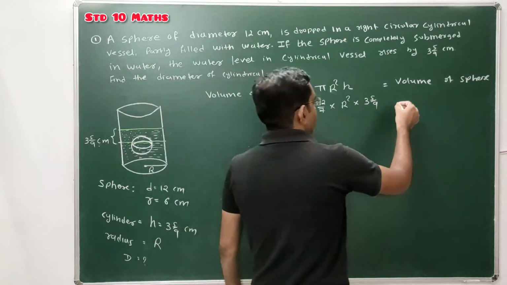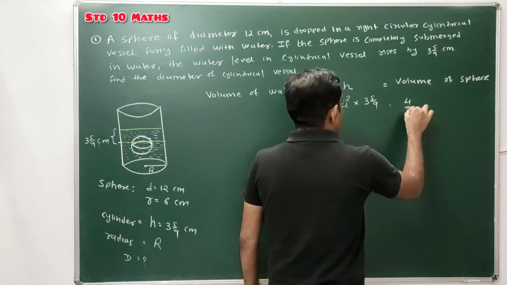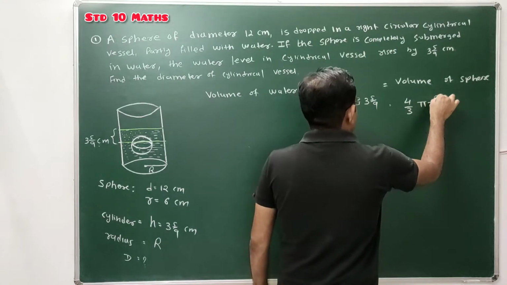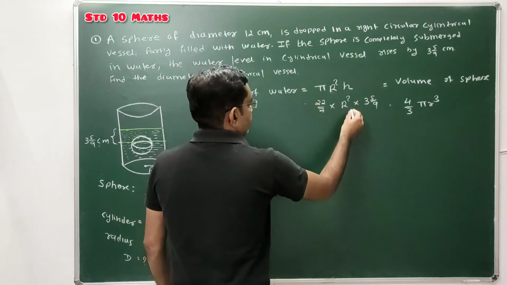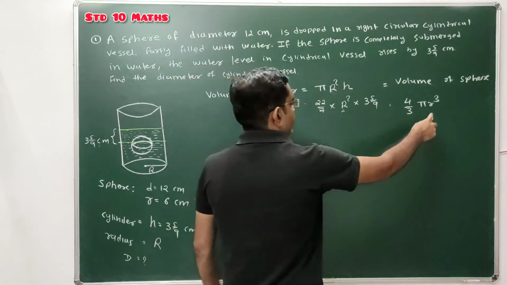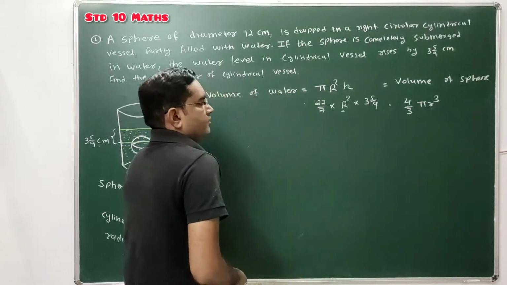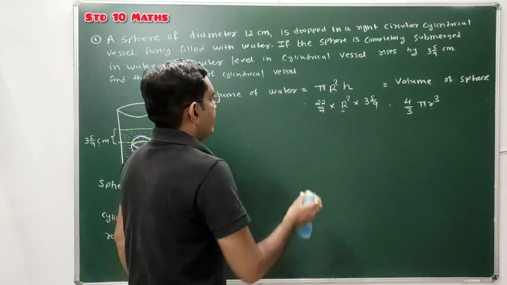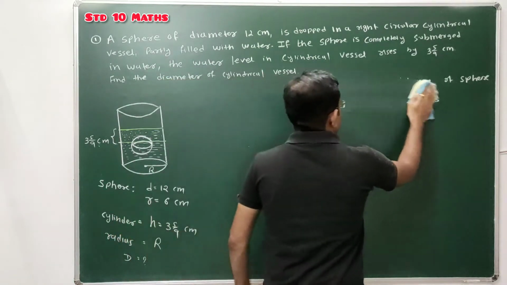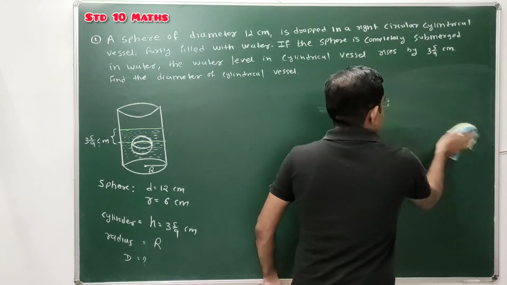The volume of the sphere is 4/3 pi r cube. So we can compare both quantities and we will get the value of capital R. Put the value of pi and small r. First write the formula properly. Let's see, we are comparing the volume.